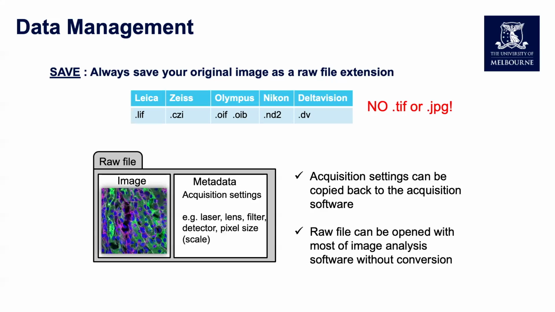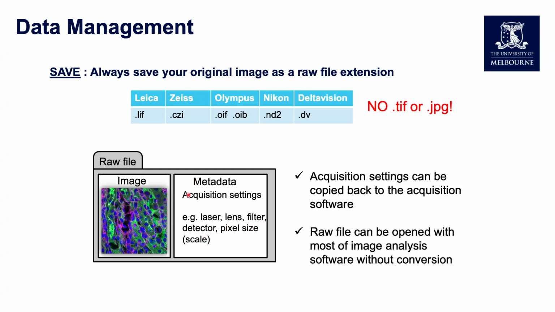So first thing when acquiring your data is to always save that as the raw file extension. So we've got a few there. The reason we ask our researchers to do that is that it not only saves the image, but also the metadata as well. So it captures all of the information about how that data was acquired: what laser, what objective, what filters, the detector, your pixel size, that type of thing.